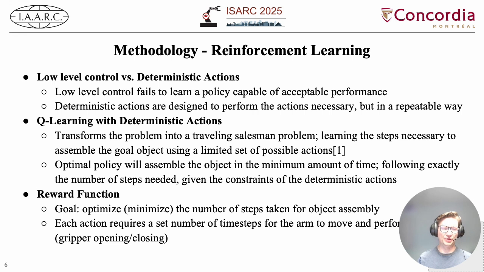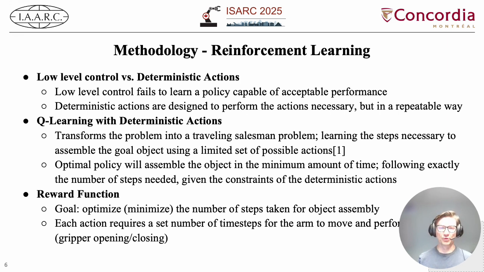Instead of making it a planning problem, we turned it into a traveling salesman problem. We use these very selected actions in order to solve this as a shortest path problem. The optimal policy will then solve in the minimum number of steps with also the highest success rate.